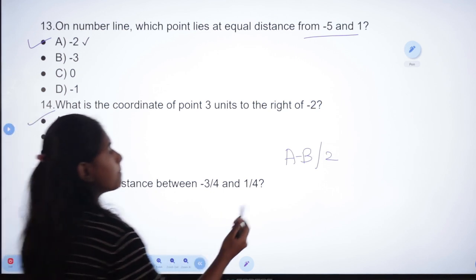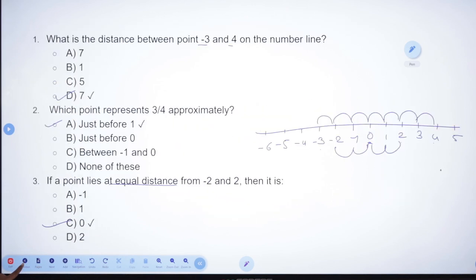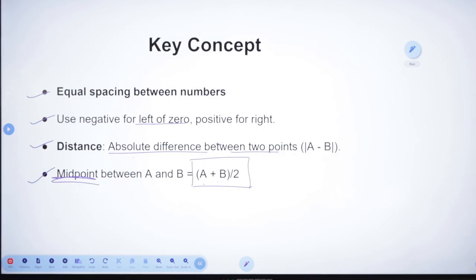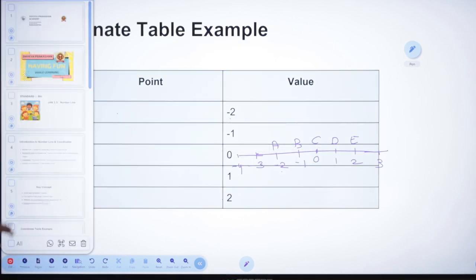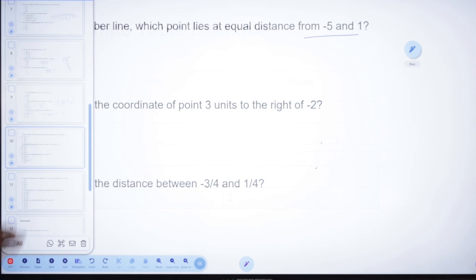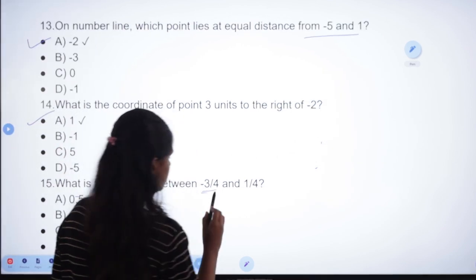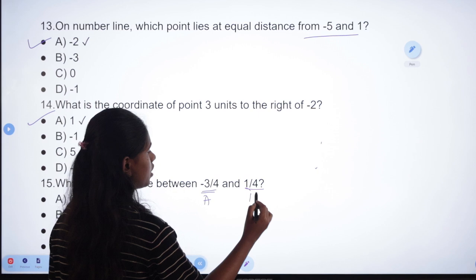What is the formula for the distance? Here, that is A plus B. So suppose this term is A and this term is B.